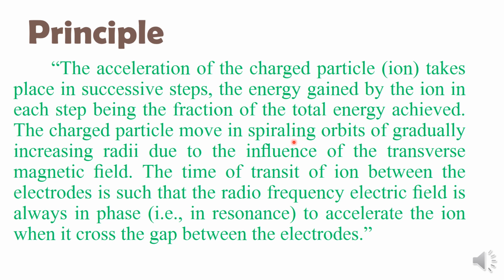This spiraling path is due to the influence of the transverse magnetic field. The particle gets accelerated because of the electric field, and it takes the spiraling path because of the magnetic field.